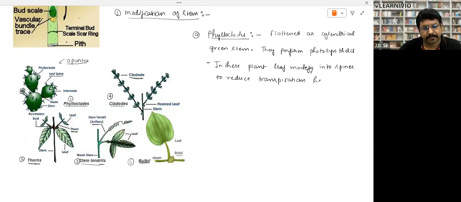Hence, the function of the leaf is taken over by the phylloclade. Clear?